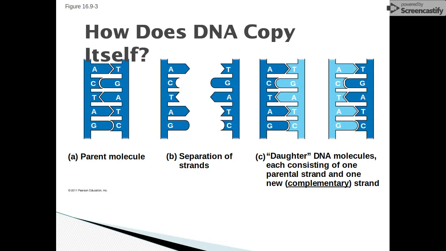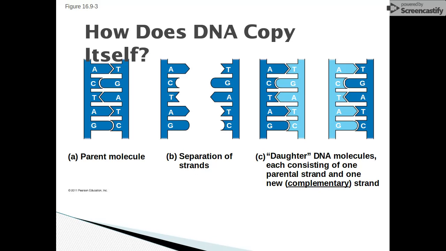Then DNA polymerase, another enzyme, comes in and it starts copying the complementary bases. So where we have an A, it's going to bring in a T. Where we have a C, it's going to bring in a G. Where there's a T, it's going to bring in an A, and so on. And then on the other strand of that parent molecule, it's going to do the exact same thing, bringing in complementary bases.